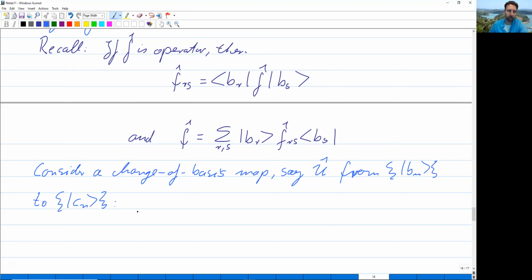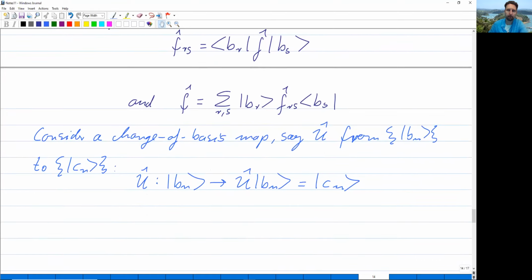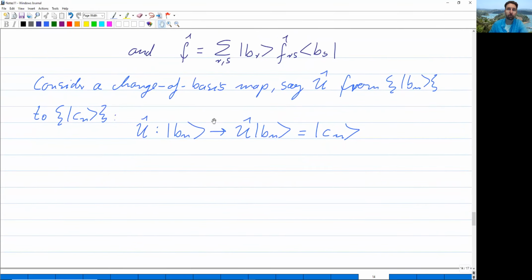So what our change of basis map is doing is it is mapping vectors B_n into U hat, a linear map, acting on B_n. And the output of this is what we call the vector C_n. Of course, we will want these bases to be Hilbert bases, so in particular also normal and so on.